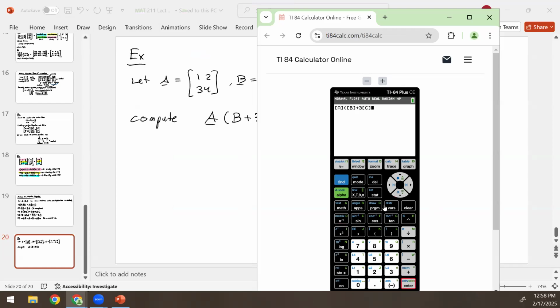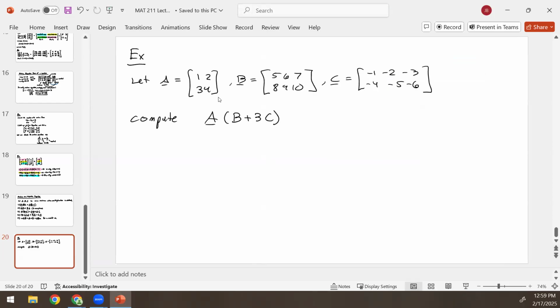C, close parentheses. And if we press enter, we have invalid dimensions because I think I wrote down the wrong one. Let's see. 2 by 2 times a 2 by 3 plus a 2 by 3.